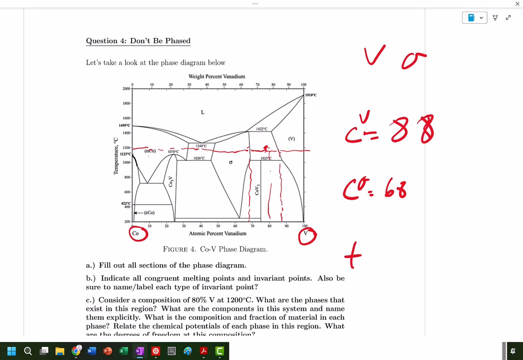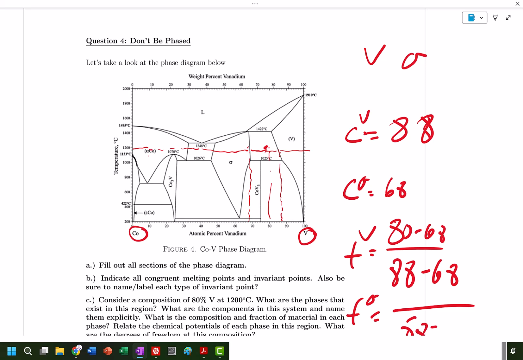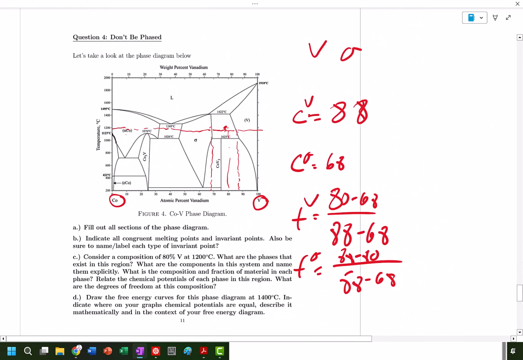And then the fraction that's in my V phase will be equal to 88 minus 68, and then it's going to run across to the other side, so it is going to be 80 minus 68. Fraction that's going to be in my sigma, same denominator, 88 minus 68, and then it's going to be run to the other side. So that'll be 88 minus 80. And there we go. We've got it.